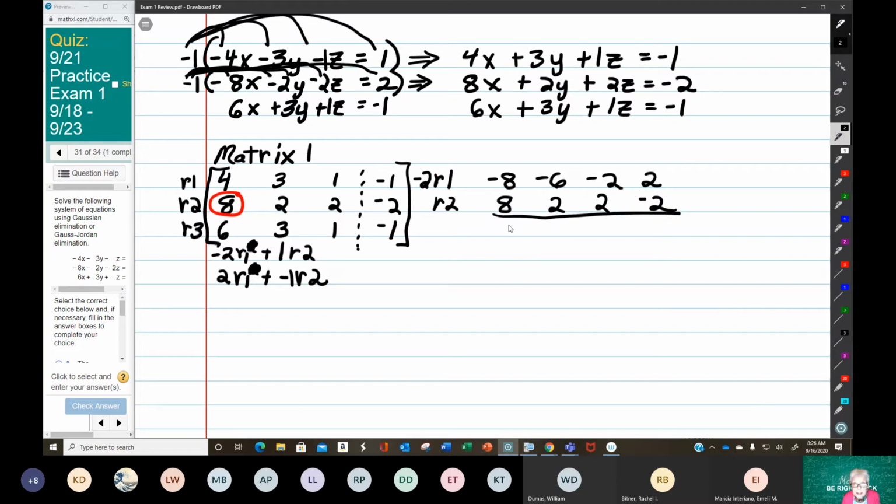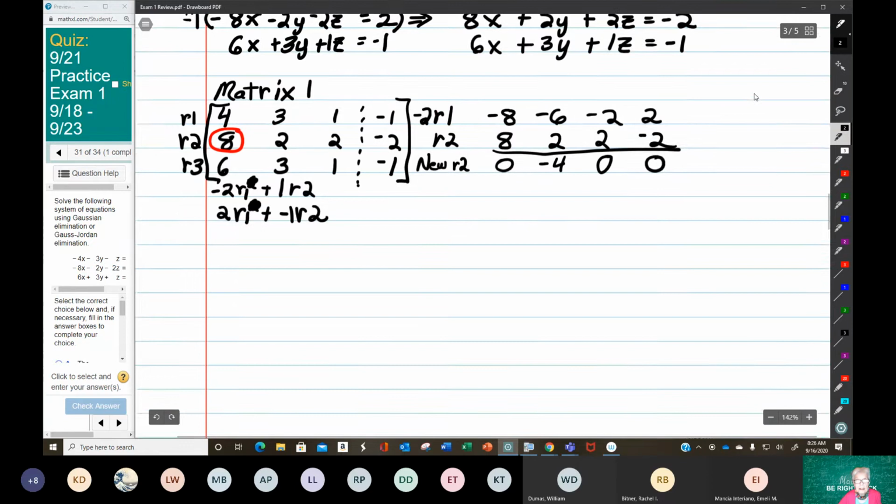Now -8 plus 8 is 0. -6 plus 2 is -4. -2 plus 2 is 0. And 2 plus -2 is 0. That's allowed, but it's a lot of zeros. This is going to be my new row 2.